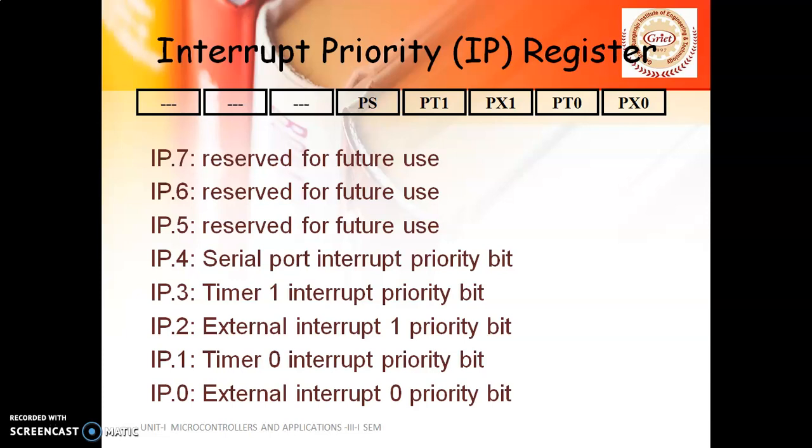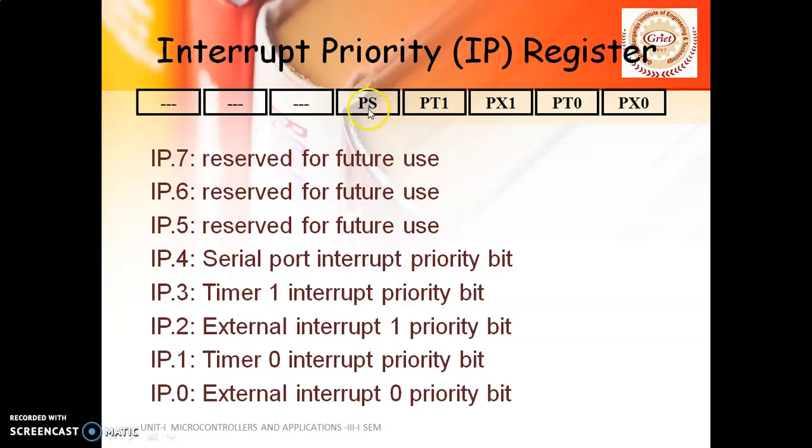IP stands for interrupt priority register. It is an 8-bit register, and it is bit addressable. Bit addressable means we can access the individual bits without affecting any other bits. Here I name the bits IP.0, IP.1, IP.2, IP.3, IP.4, IP.5, IP.6, IP.7. IP.7, IP.6 and IP.5 are reserved for future use.